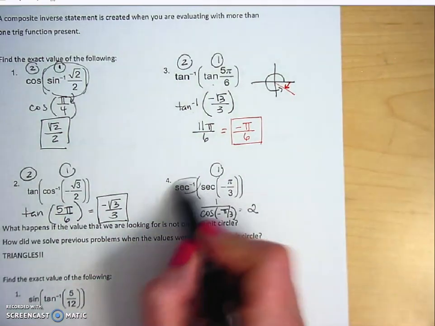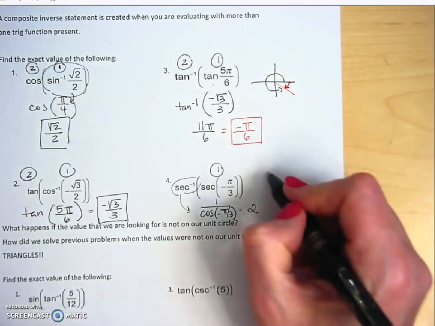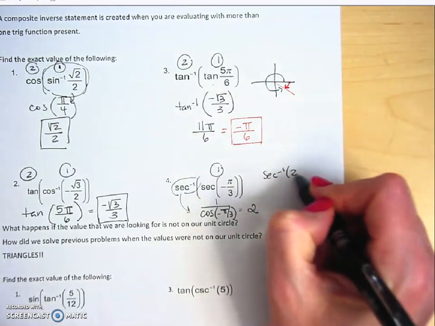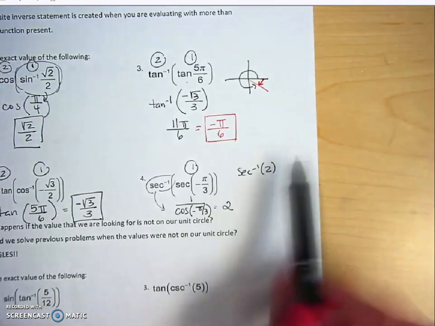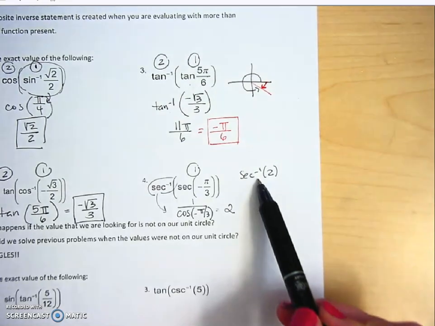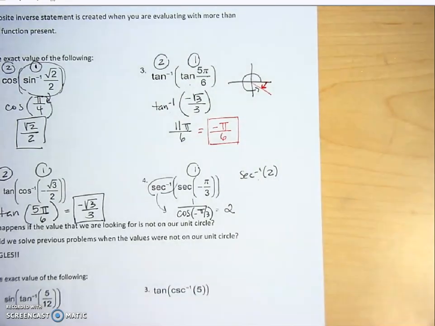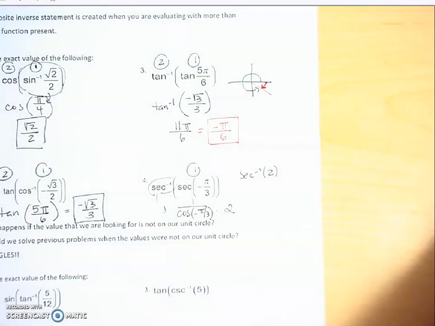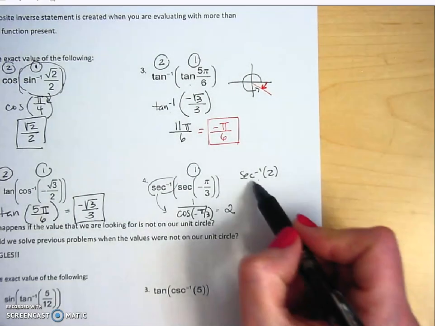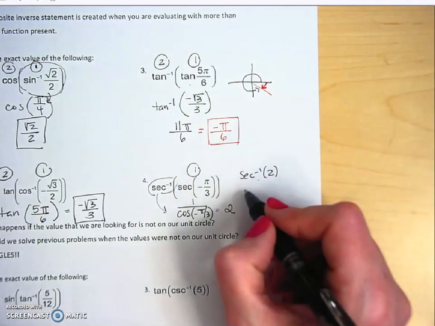And so now I need to take the inverse secant of it. And so this is asking me which angle has a secant value of 2. And well, we don't have secant values on our unit circle. So what I'm going to do is take the reciprocal of both of these.